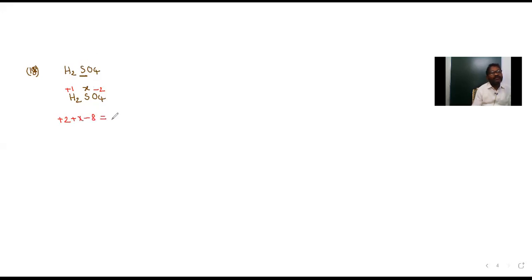This is a neutral compound, the sum of the oxidation states is equal to 0. X plus 2 minus 8, minus 6, is equal to 0. Now X is equal to plus 6. That is the oxidation state of sulfur. Very good. Correct.